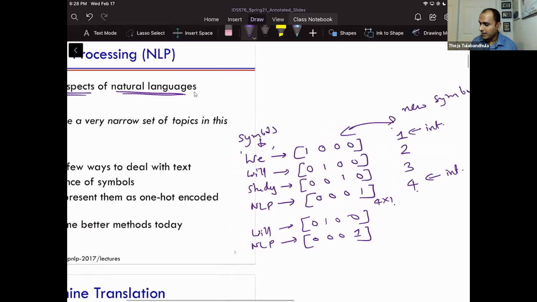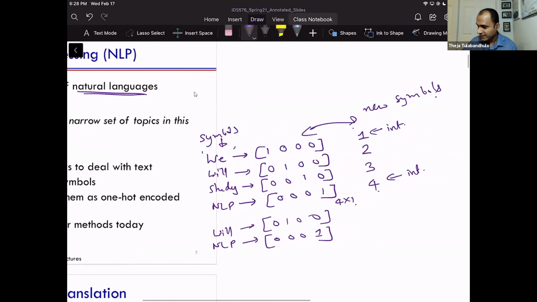Okay, and you'll see that certainly this seems like a bad idea, because why should Will be assigned number 2? Maybe it can be assigned number 3 or something else. Okay, so there are some issues with this encoding, but the same thing is true even for one-hot encoding, right? So if you look at We and Will or any of study and NLP, all of them are in this case 4-dimensional.